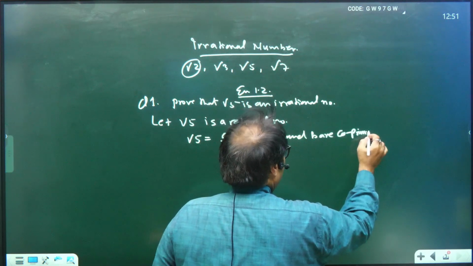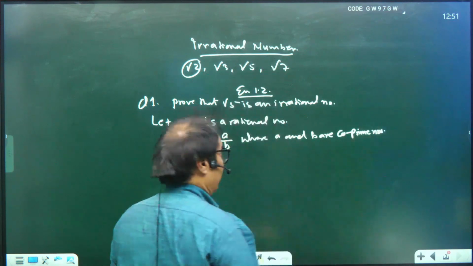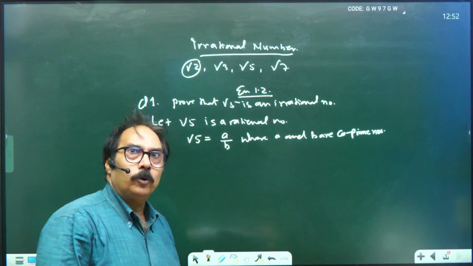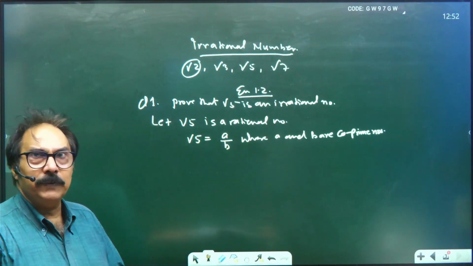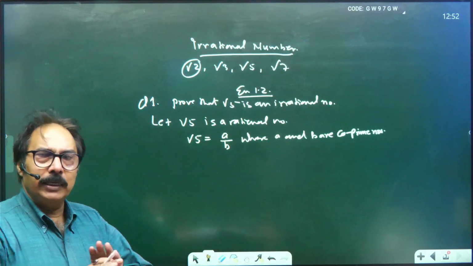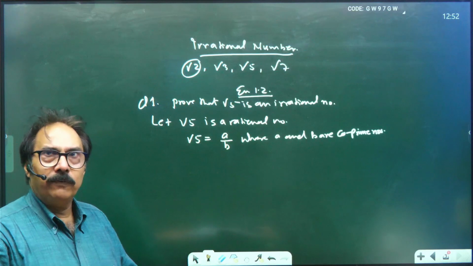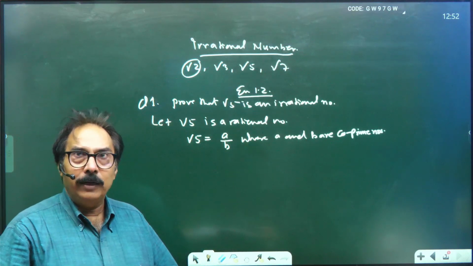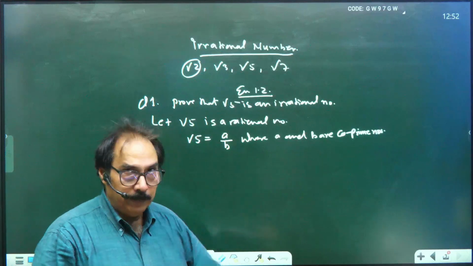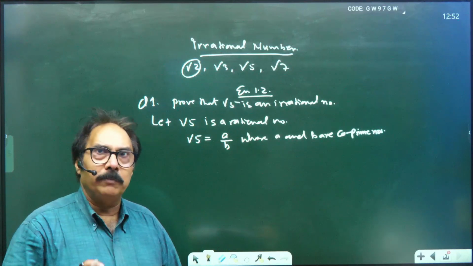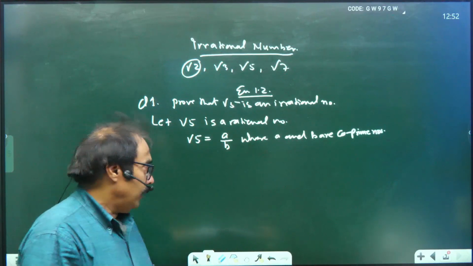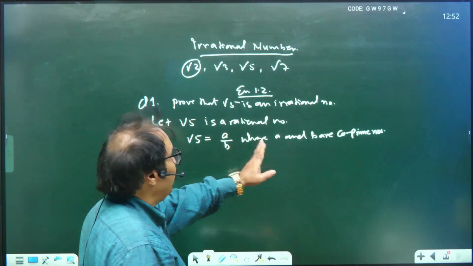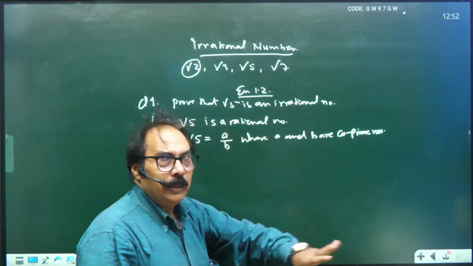What is the meaning of co-prime numbers? It means the HCF of the two numbers is 1, that is, there is no common factor except 1. For example, 2 and 3, 2 and 5, 5 and 6 are co-prime numbers. So root 5 is equal to a upon b, where a and b are co-prime numbers.